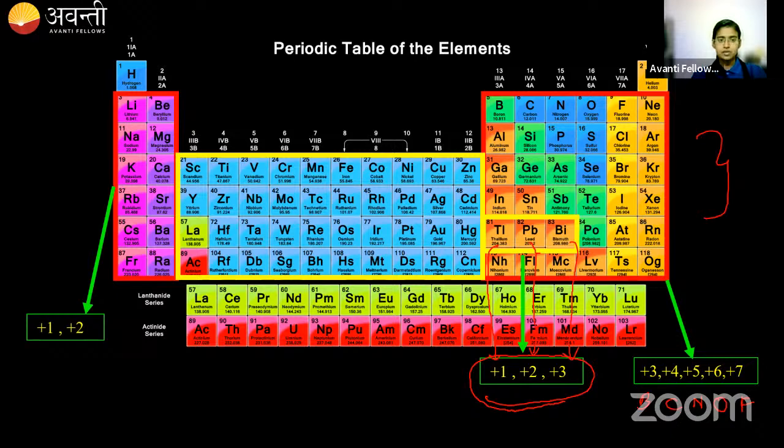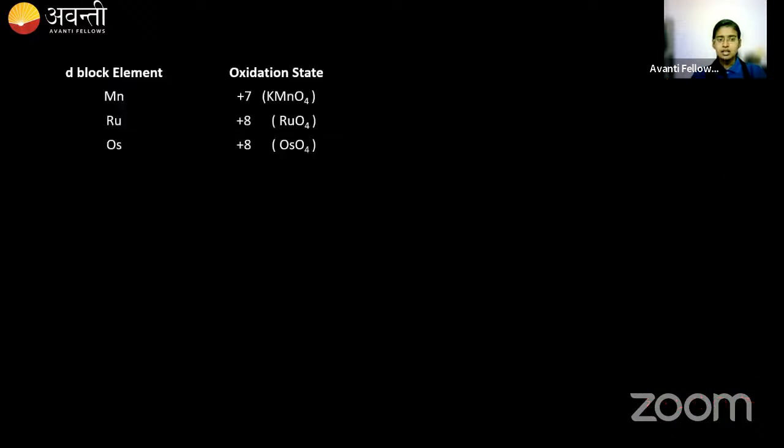Those elements are manganese, ruthenium, and osmium. They are stable only in their +7 and +8 oxidation states. So they exist in their highest oxidation state in these compounds.